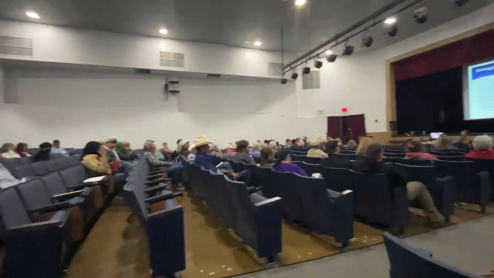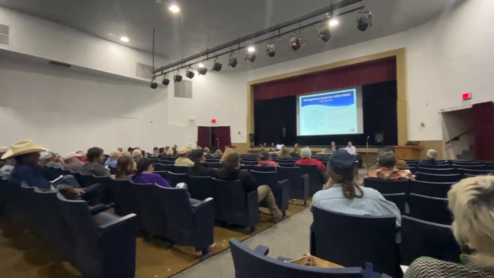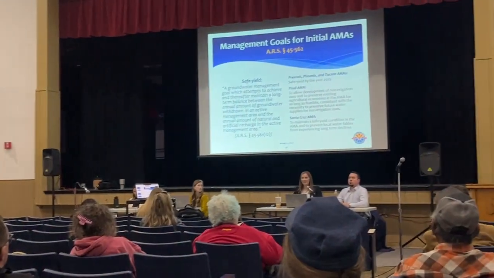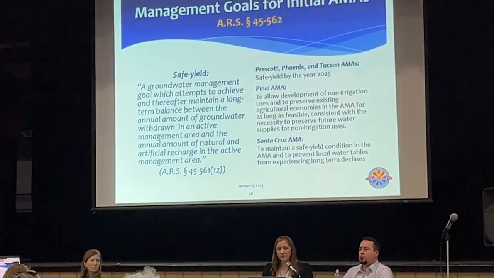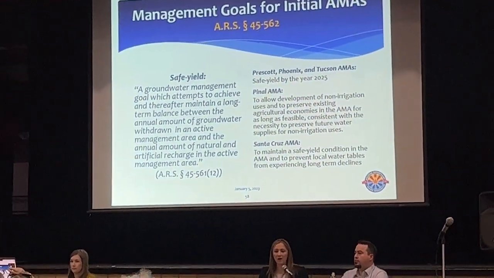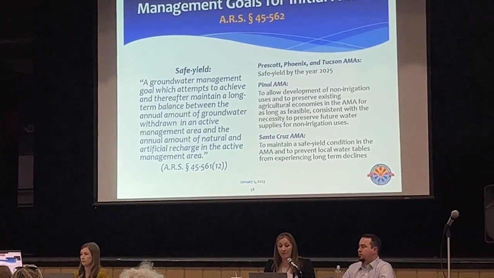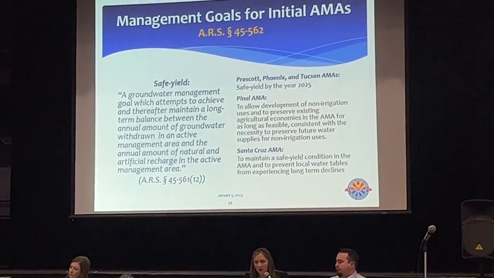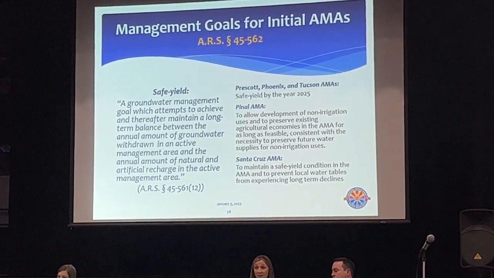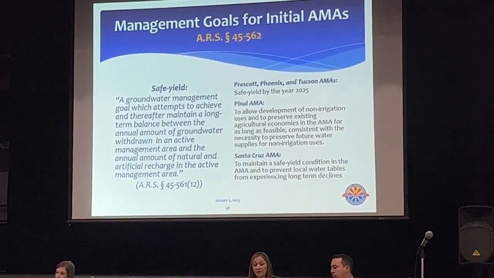So what I'm going to do now is provide a little bit of a framework for a management goal, some ideas that we've heard already, and a little bit of guidance on how we can best work together, how we can best have constructive input onto the development of the goal. So, we talked about these existing goals for the other AMAs that were established in statute.